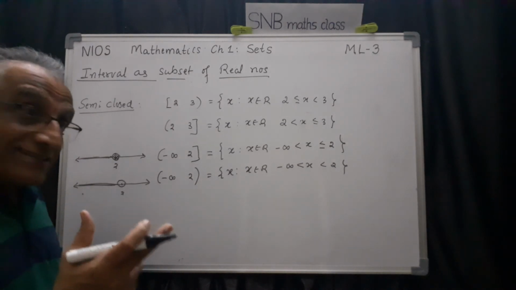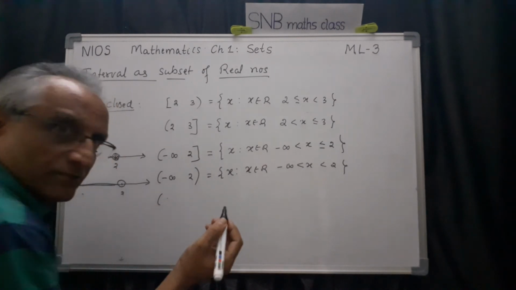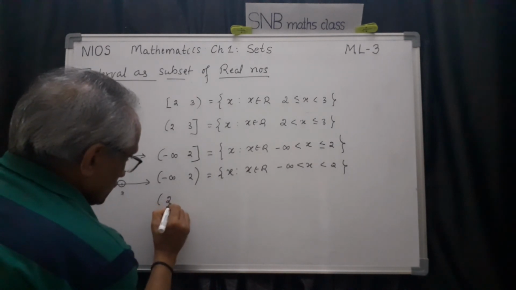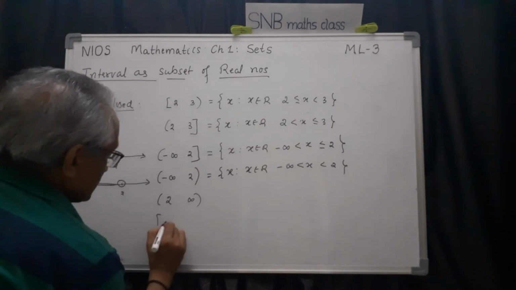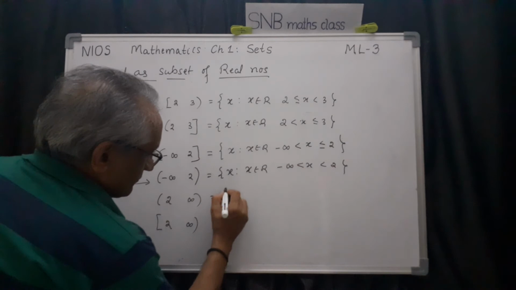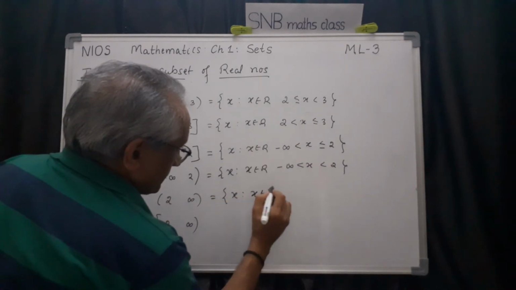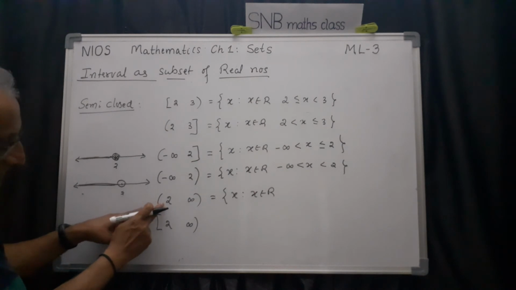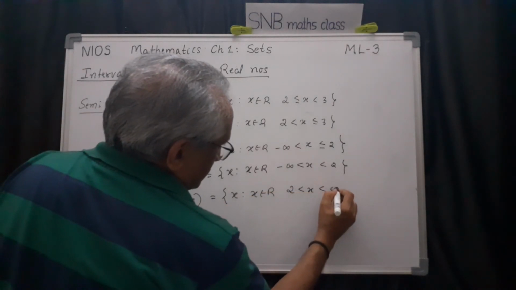Then what are the other two possibilities? Another one is, for example, any number, say 2 to infinity, this side. And another one is 2 to infinity, this side. How do we write it in set form? It is x such that x belongs to R. Then 2 less than x less than infinity.